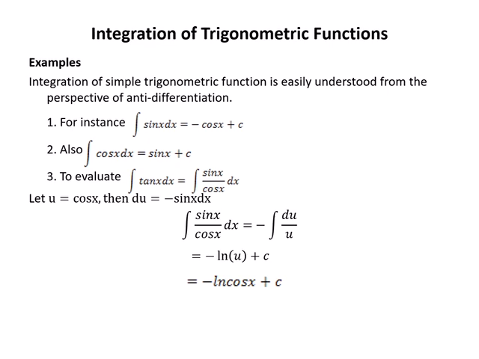Now, from the previous example we did, where we have f prime of x all over f of x, we differentiated the denominator and got what we had as numerator.